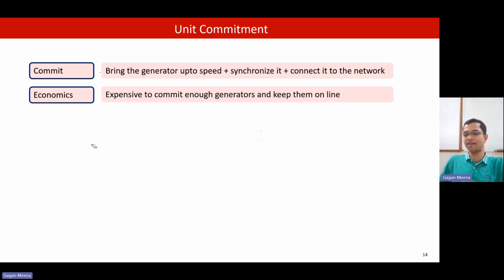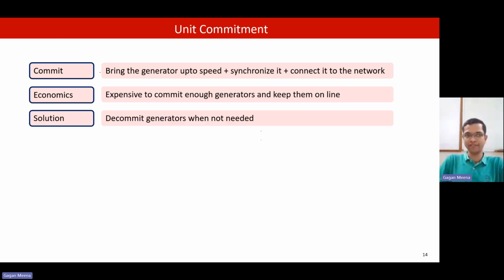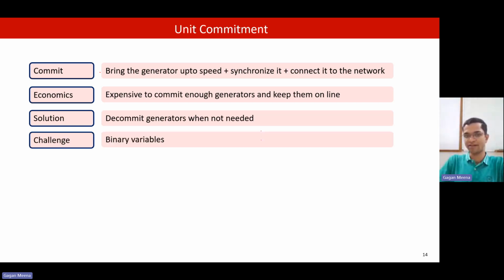If both can be done, then it's a win-win situation. Therefore, unit commitment comes into the picture. So if they are expensive, the solution is to decommit them when not needed and bring them online when they are required, with the aim that the overall cost is still less as compared to when they were kept online.